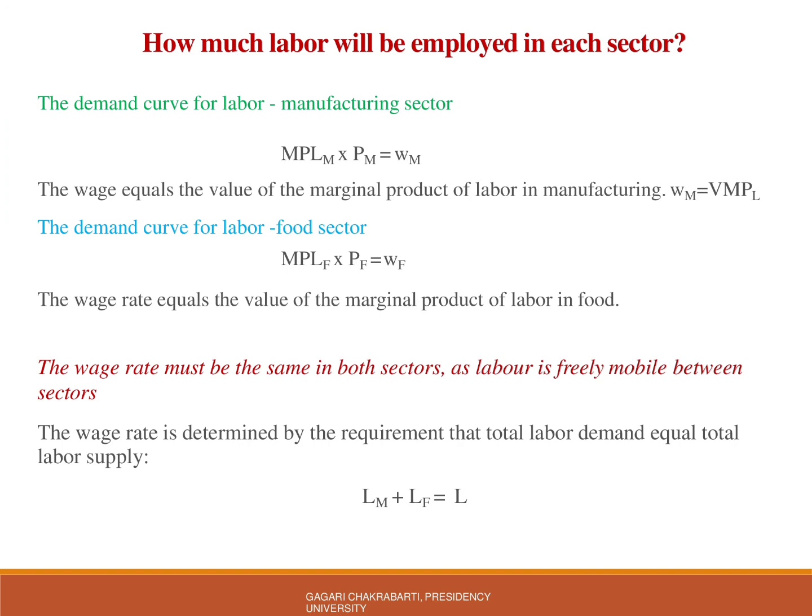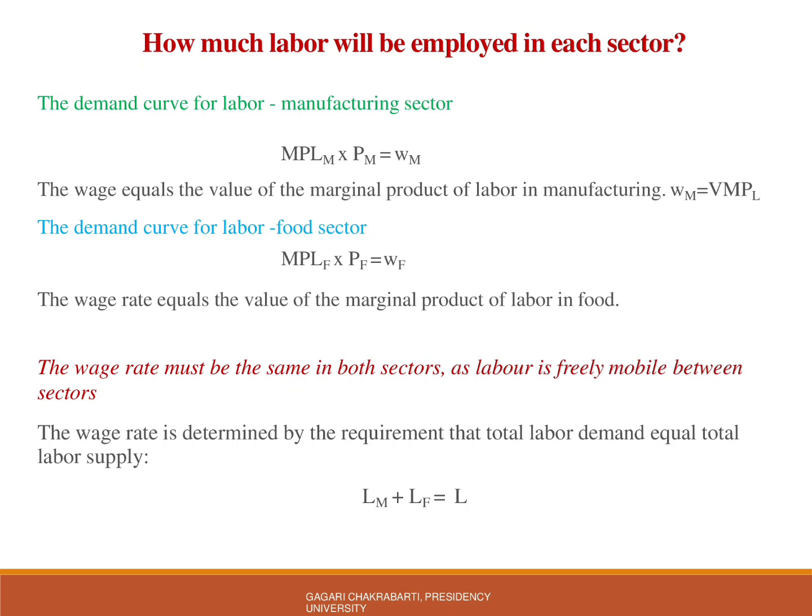The left hand side is nothing but the value of the marginal product of labor, which is VMPL. So therefore, the equilibrium condition is VMPL is equal to WM, and this VMPL curve is the demand curve for labor for obvious reason, because we have a perfectly competitive market.